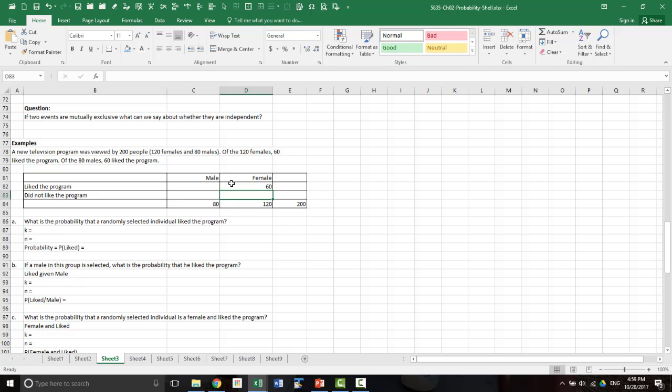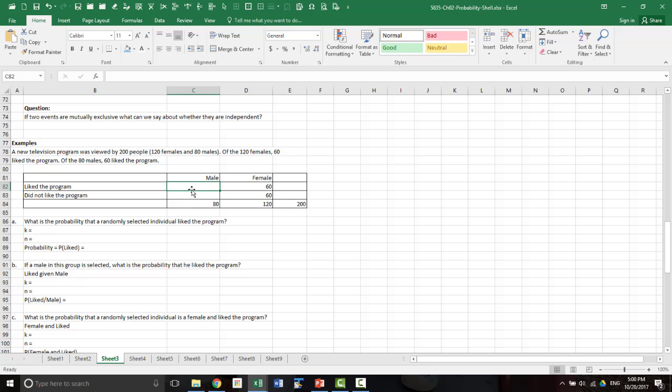So now with that, we should be able to figure out the rest of the numbers, right? So this will be that minus that, and of the 80 males, 60 like the program.